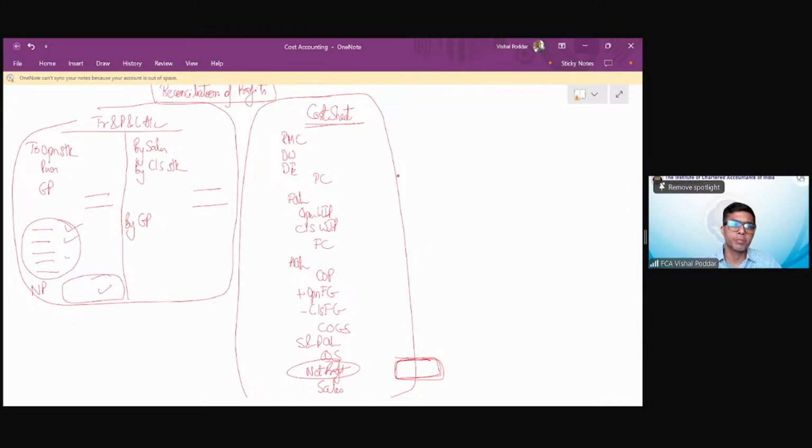Now here you have expenses which are on actual basis because accounts are prepared taking actual figures, and the expenses which we have charged in costing, they are using some estimated charging rates.